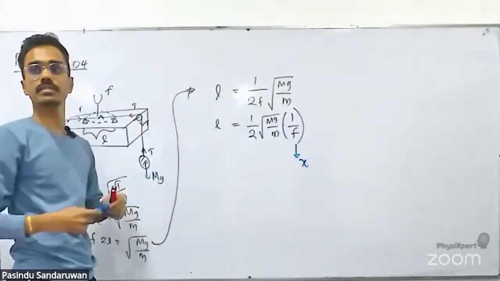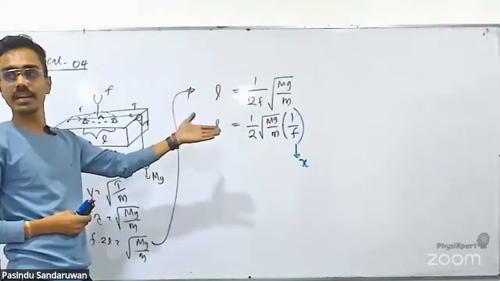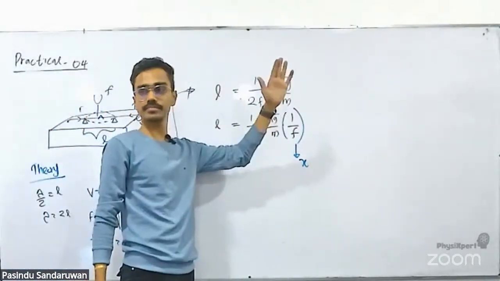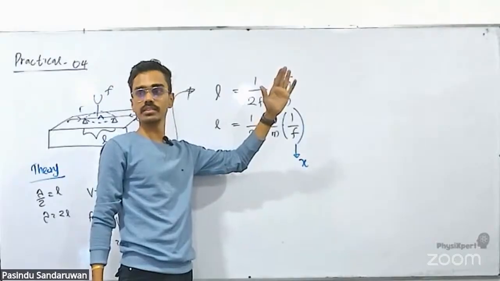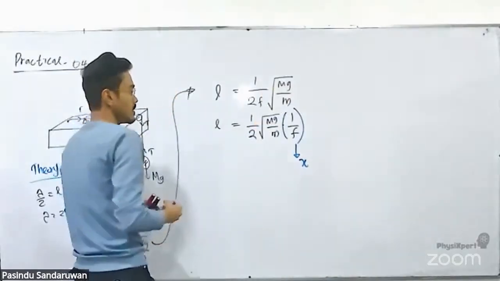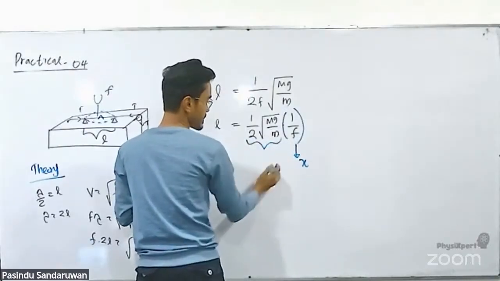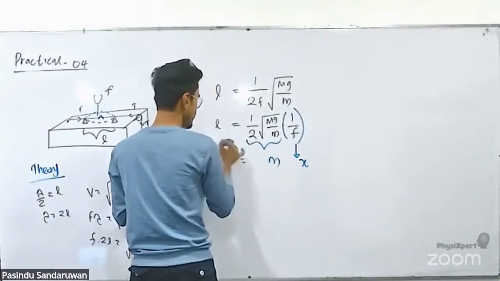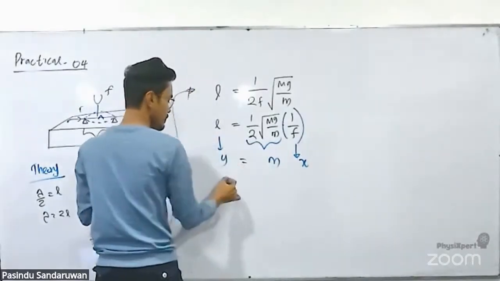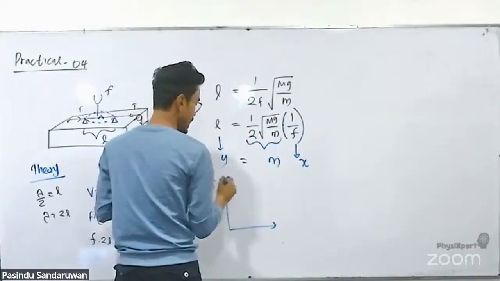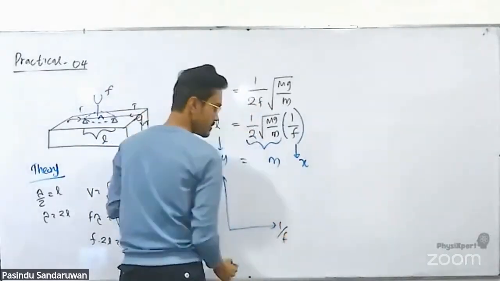The reason is to have a straight line. Otherwise, if L and f are plotted, there is an inverse curve, right? Inverse curve. Then this is x. Whatever this is, as a multiplier with x, is the gradient. This whole thing is the gradient. This is y, right? Now, if you plot the graph between L and 1 over f, right?